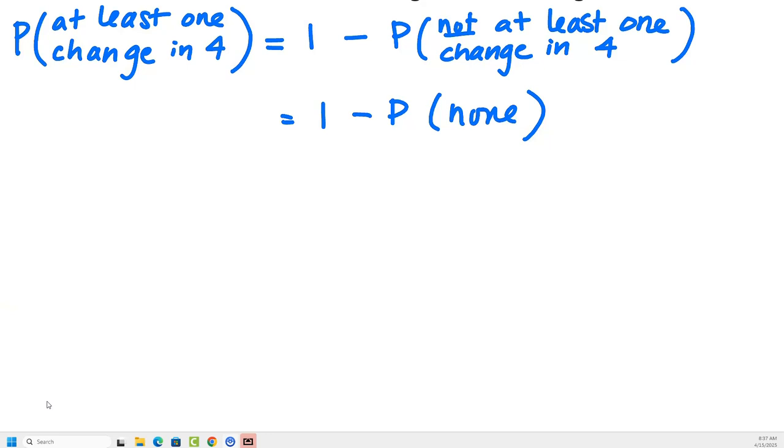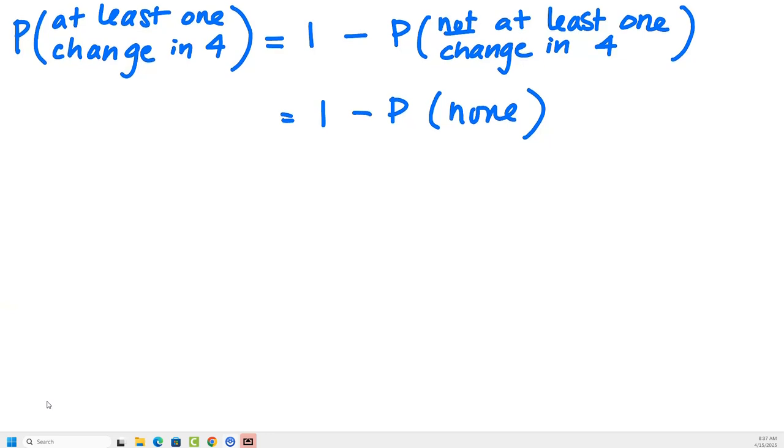Okay, so I'm going to leave some space. I'm going to come down here. I'm going to find the probability of none down here.